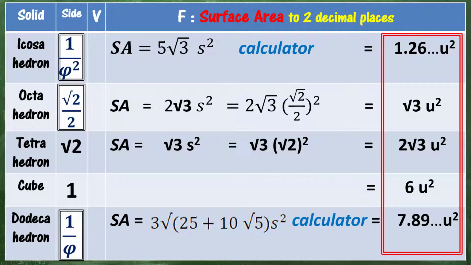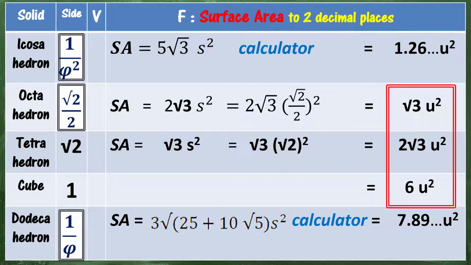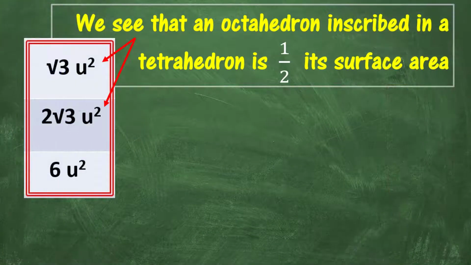As far as comparisons go, the 3 in the middle are interesting. We see that an octahedron inscribed in a tetrahedron is half its surface area.